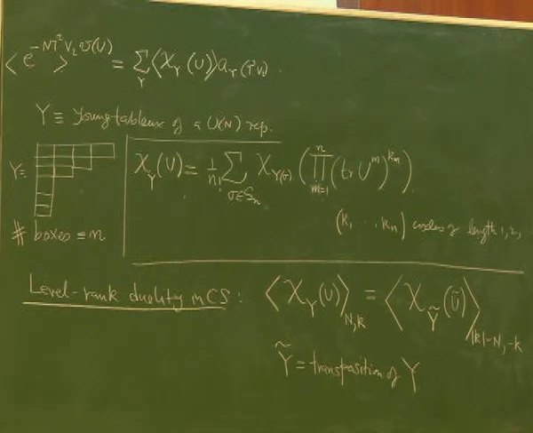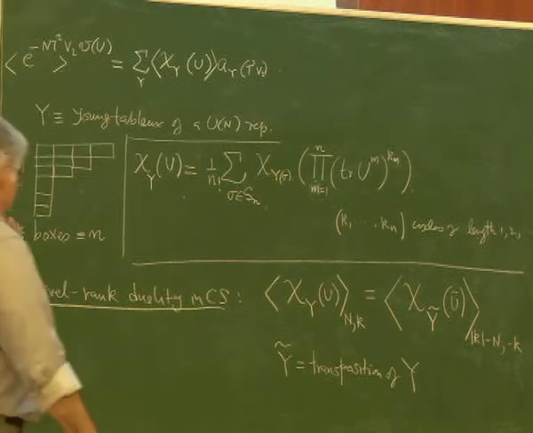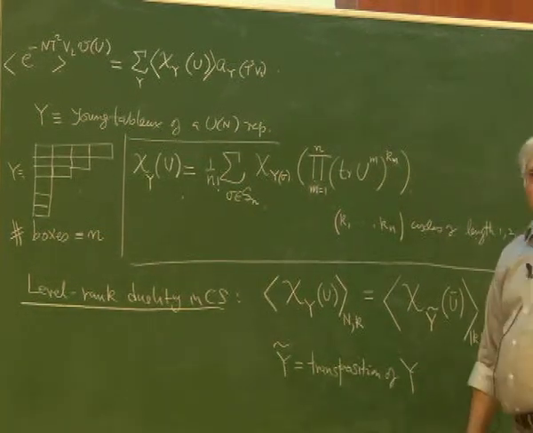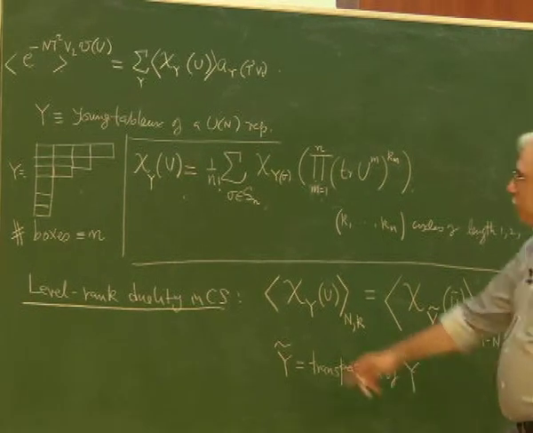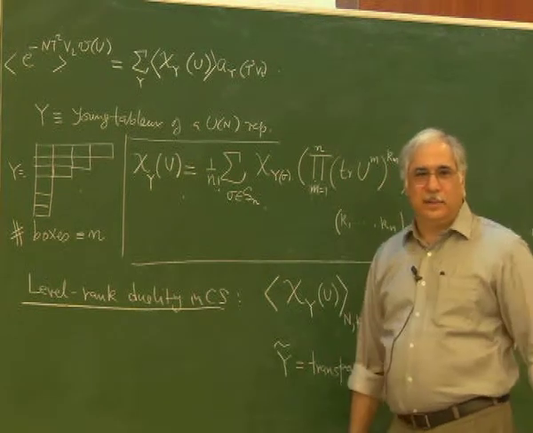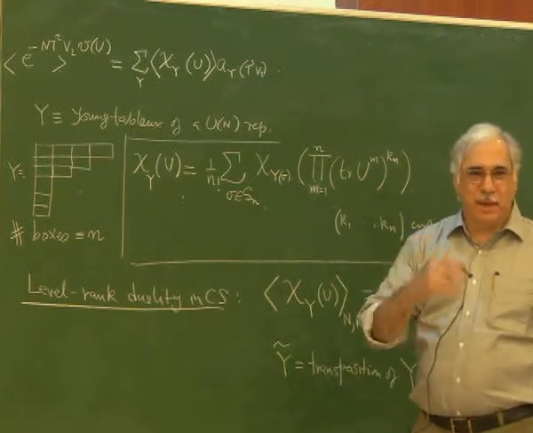So I hope it is clear that this is level rank duality. Now arises a math problem. When I put chi of Y twiddle, what is on the right hand side? That is a math problem.